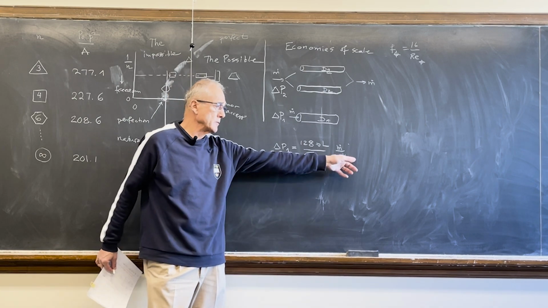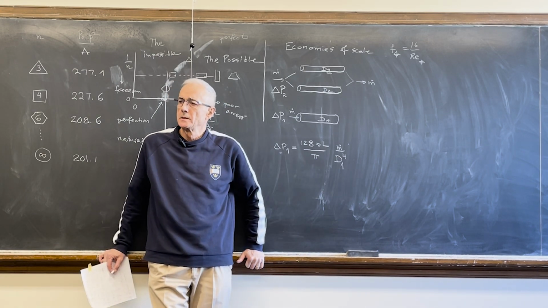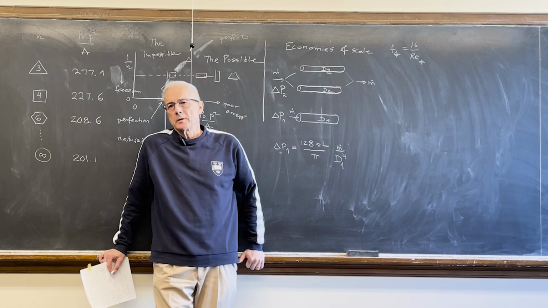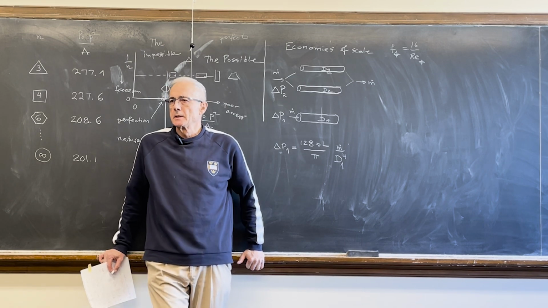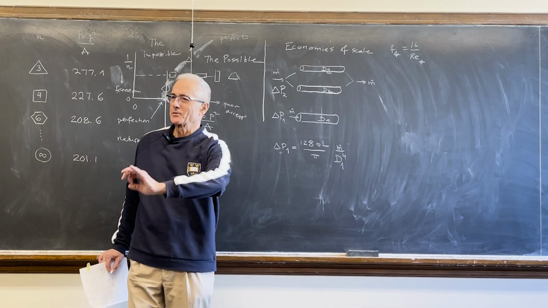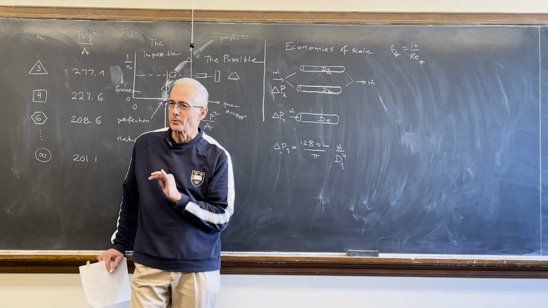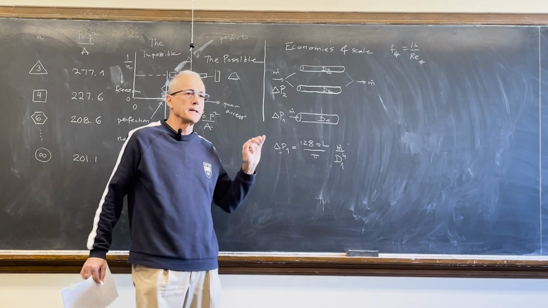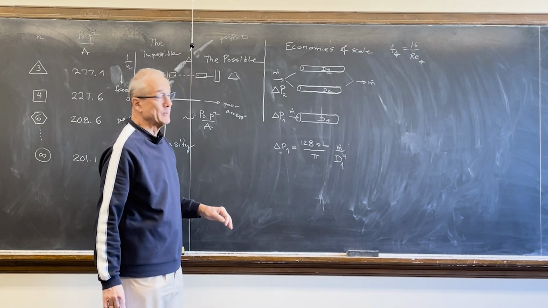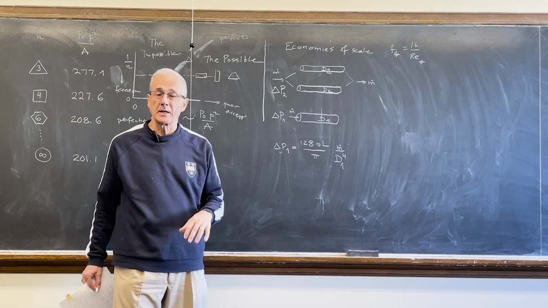That's what the exponent 4 really means. So you've got to be very careful both ways. Enlarging the tube is a good idea when you want to reduce pressure drop. I'm already giving away the punchline.